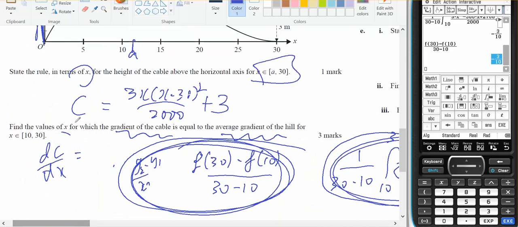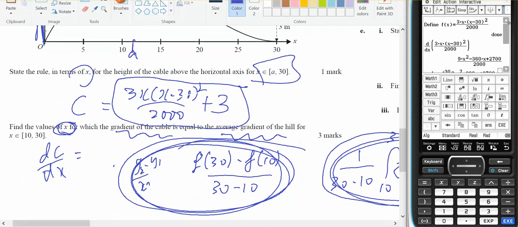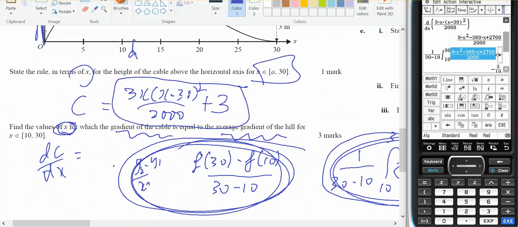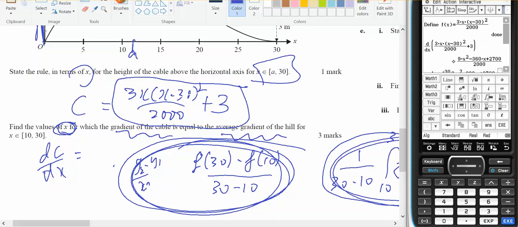Now the question's asked me the values of x at which the gradient of the cable is equal. So the gradient of the cable is the derivative of this, which is going to be the same as this, because if I plus 3, it's still going to be the same derivative. So I'll copy that and paste.